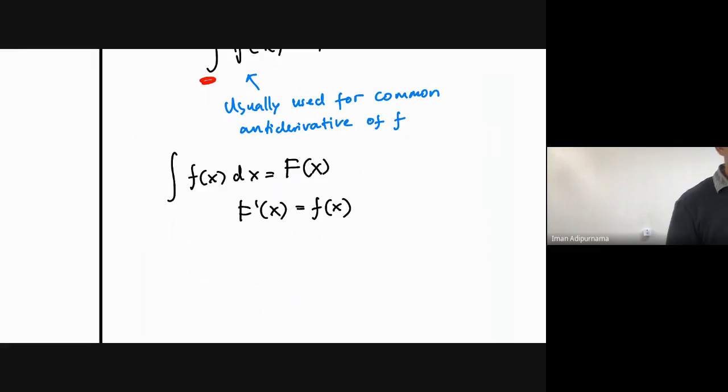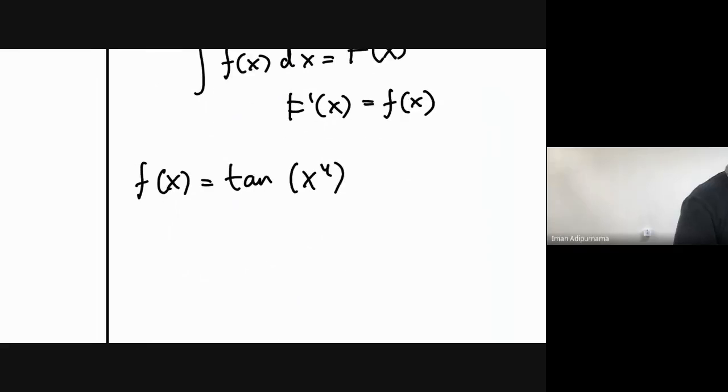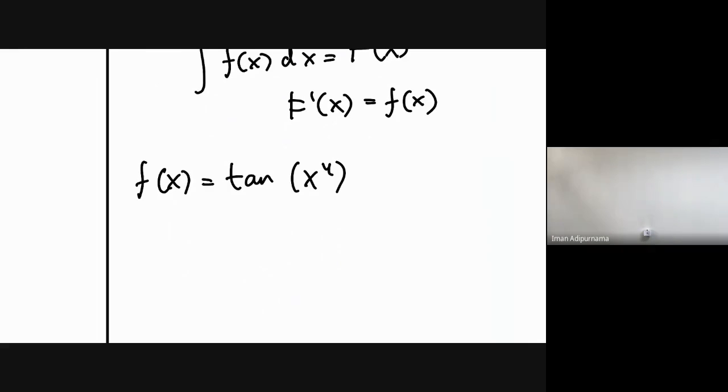But if you have, for example, let's say f(x) is tangent of x to the 4. Based on our first derivative, it should be secant squared, right?